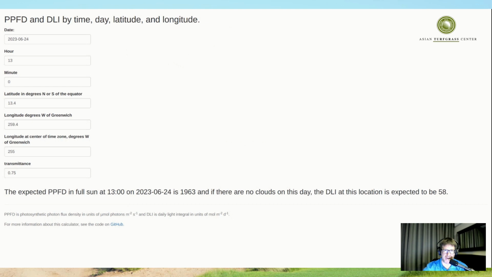If you know the latitude and longitude of where you are, then for that particular square meter, you can go up to the top of the Earth's atmosphere, and there is a relatively constant amount of light coming from the sun at a particular time of day, at a particular latitude and longitude, and on a particular day of the year. And then if it's sunny, if there are no clouds, you can expect 75% transmittance of that light down to the surface.